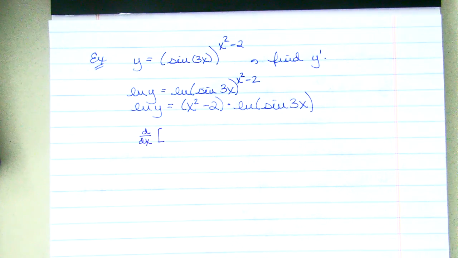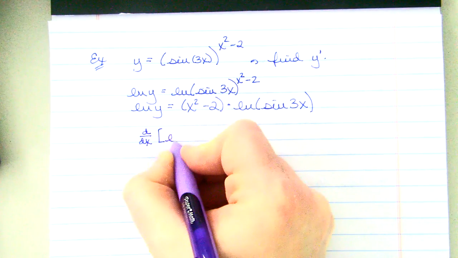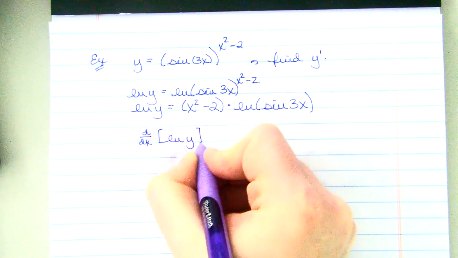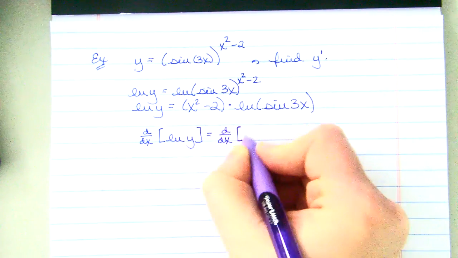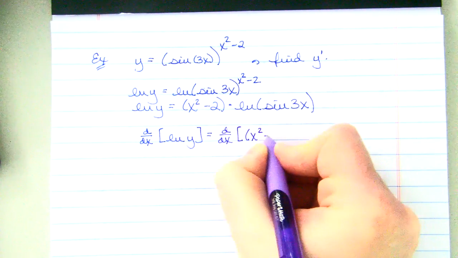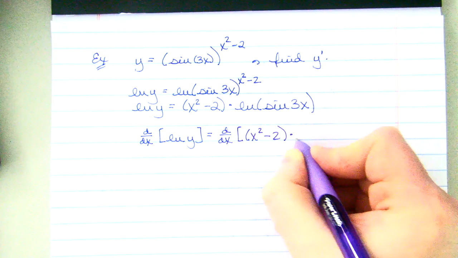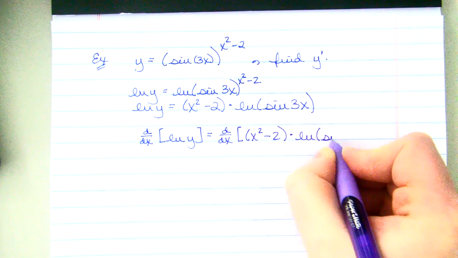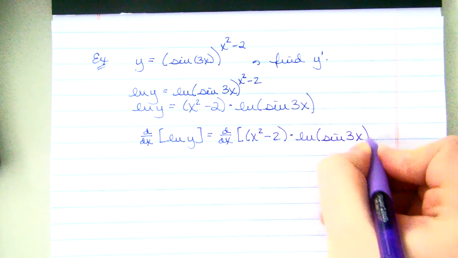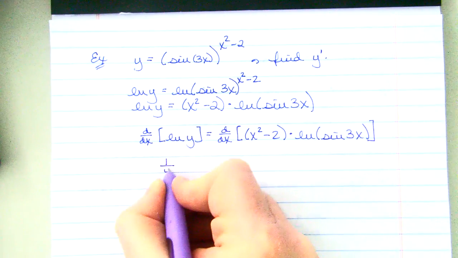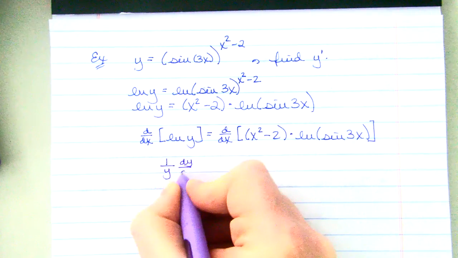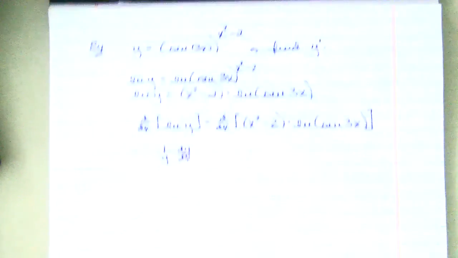Right side, by the way, I think should involve product rule, but also chain rule, because there's something inside your sine. And actually, you know what? The good thing is the left side of these will always be 1 over y dy/dx.